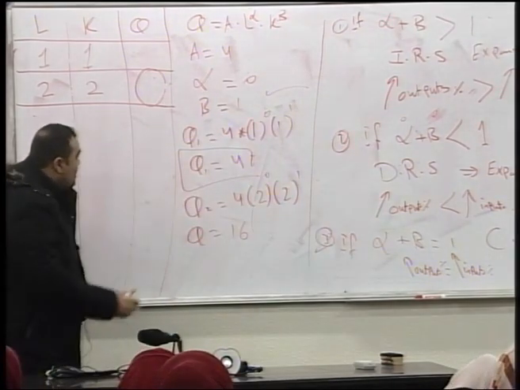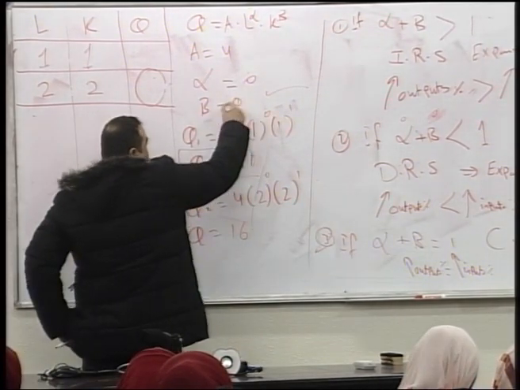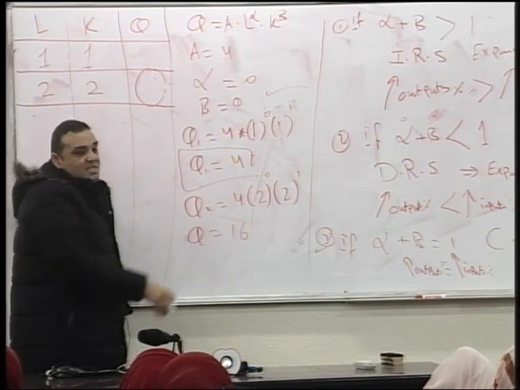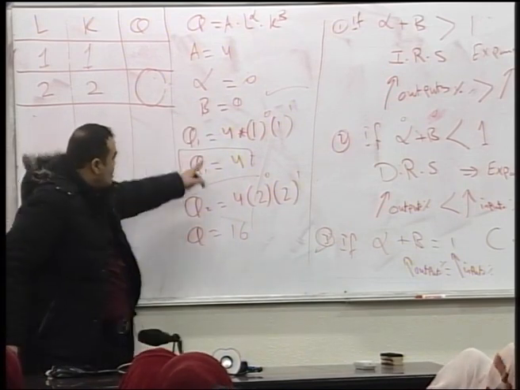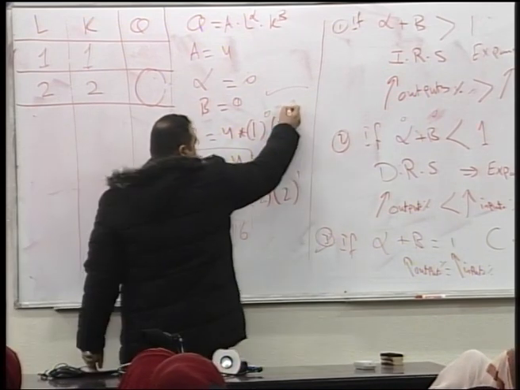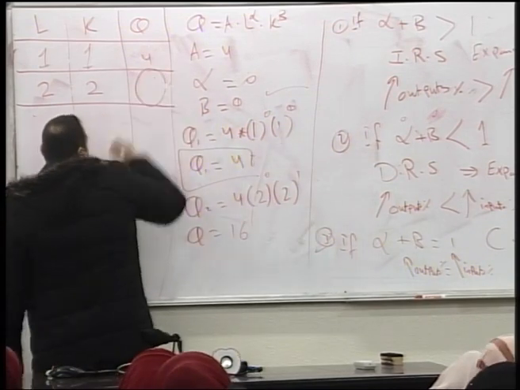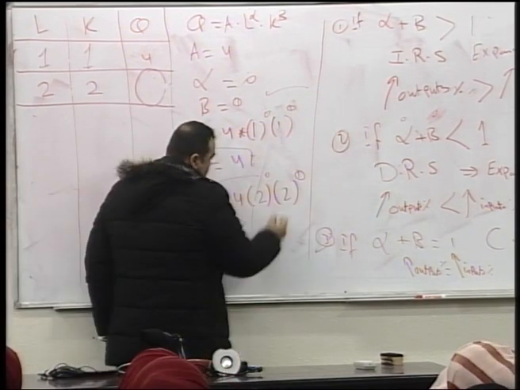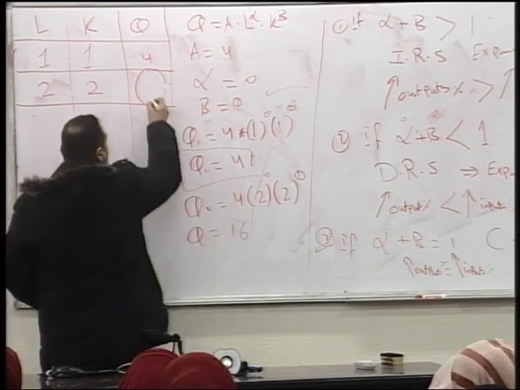Apply this: if alpha equals 0 and beta 0, alpha plus beta is less than 1. Raised to power 0 gives 4. The second, 0, also gives 4.